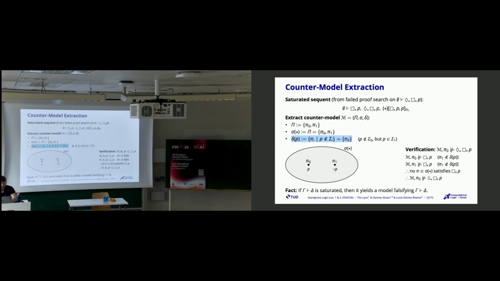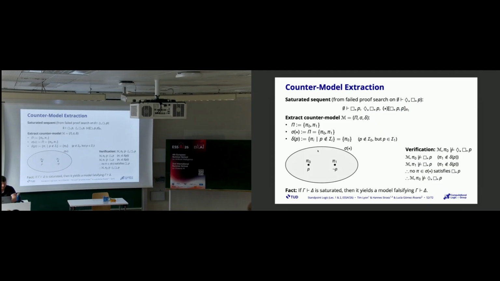So we have, for example, p not occurring in the root component of the nested sequent. Therefore, we take p to be true there. But we do have p occurring in this child component, so we take p to be false there. If we define the model in this way, then it will serve as a falsifying model of this input.